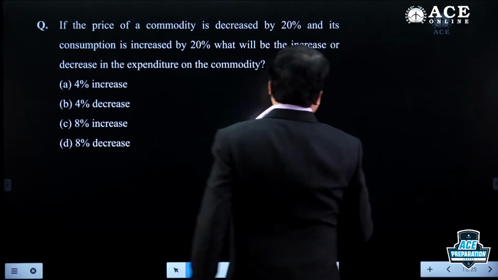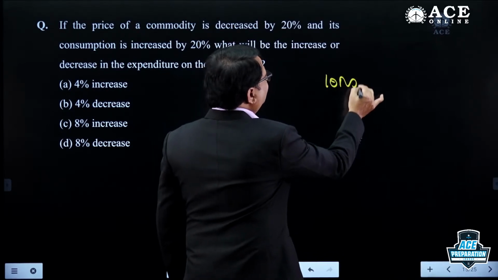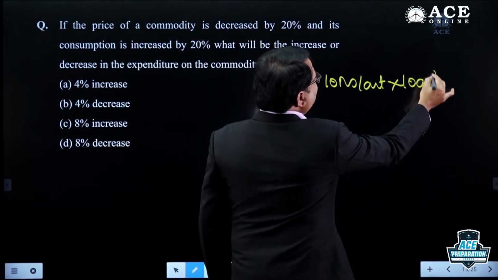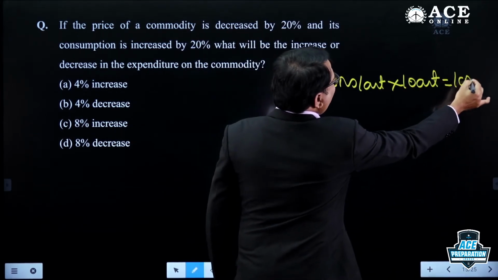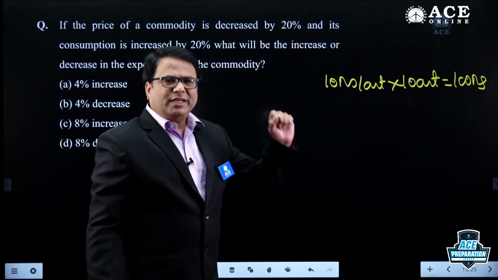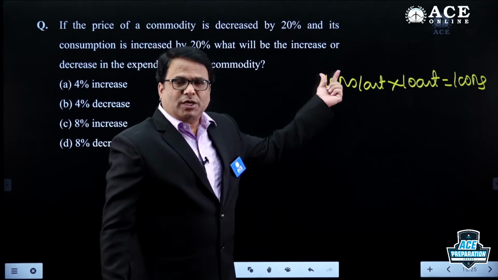So, same model. Suppose I assume the original price is 10 rupees per article and the number of articles consumed, I take it as 10 articles. So, expenditure will be how much? 100 rupees. I assume the price of each article as 10 rupees.